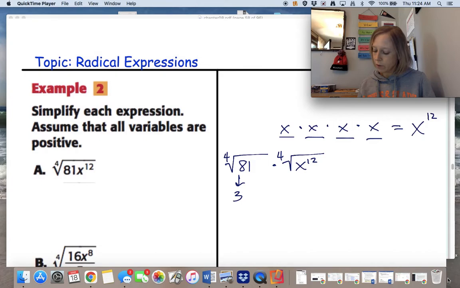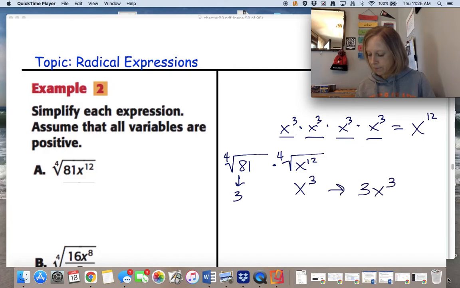Because remember, our rule is we add these exponents. So what exponent would they all have to have in order for you to have 4 of them and add up to 12? They would all have to be an x cubed. So this is equal to x cubed. Put these together, and our answer is 3x cubed.